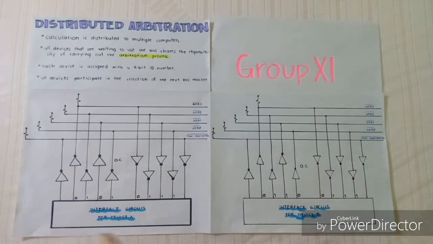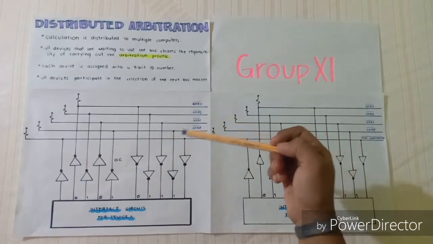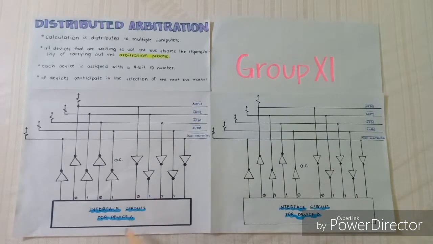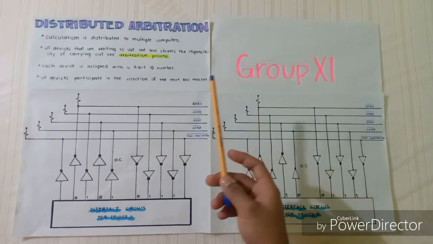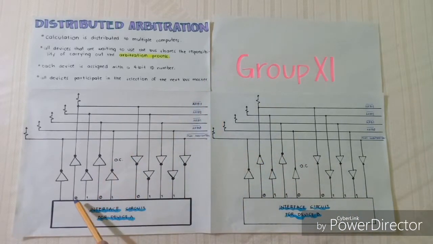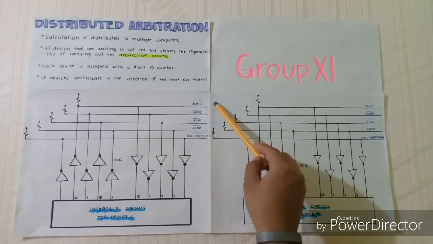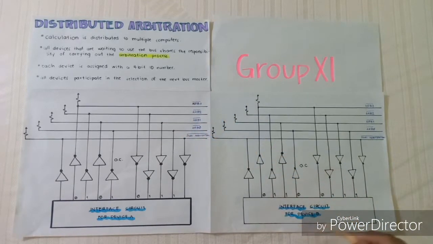Device A has the ID number 5 and wants to request the bus. This transmits the pattern 0, 1, 0, 1 on the arbitration lines. And device B has the ID number 6 and wants to request the bus also.